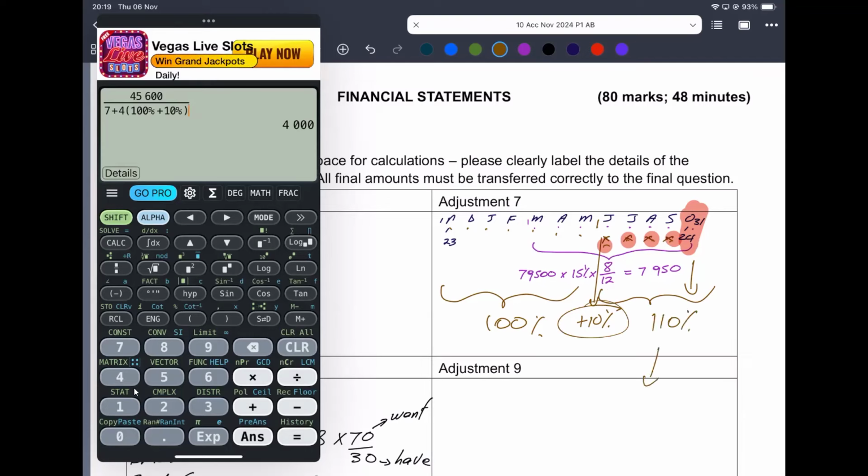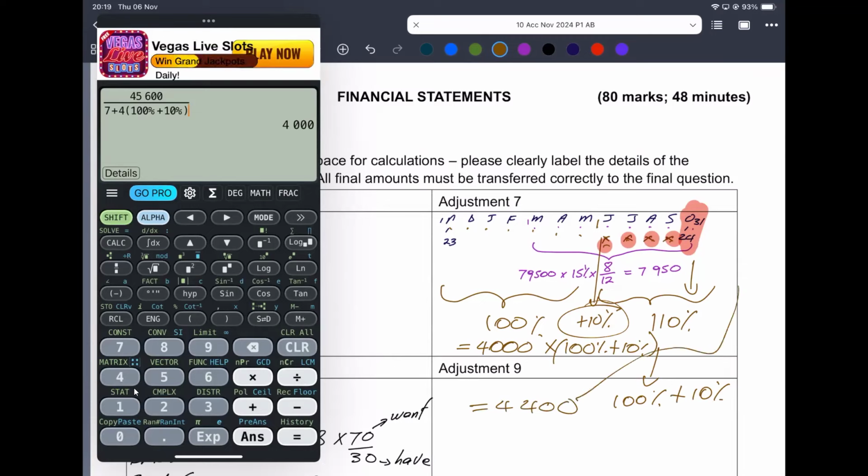How did I get that 110%? It was 100% before, I just added 10% to that. So that means that 4,000 after the increase, you will have to take the 4,000 and just multiply it by 100% plus 10%. And that will give you 4,400.